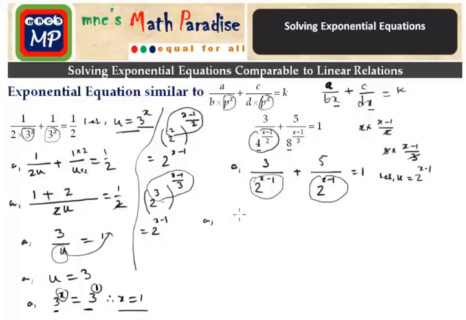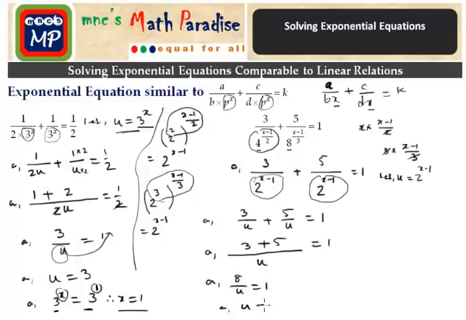Therefore we will have 3 divided by u plus 5 divided by u equals 1. So it's a pretty simple equation. Here u and u is the common denominator, so the numerator is 3 plus 5, equals 1. So 8 divided by u equals 1. So if we take this u to the other side, u will be 8.